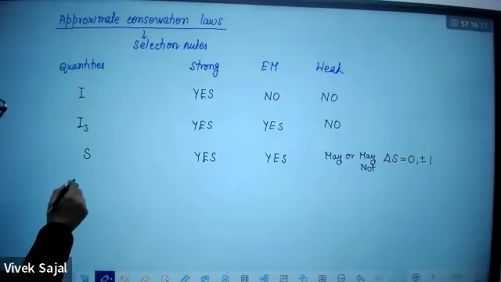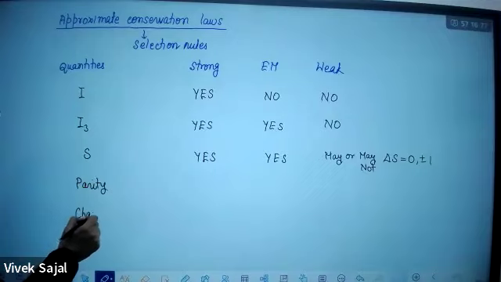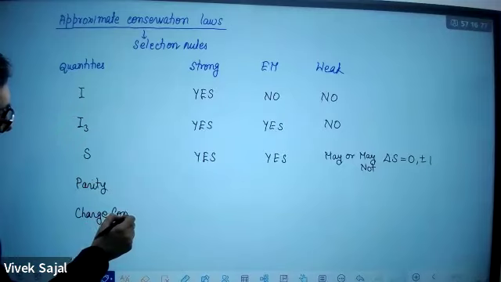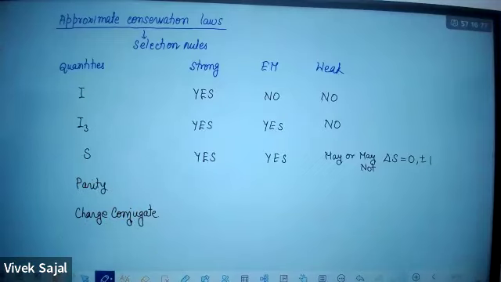Next is parity. Next is charge conjugation. These are three other properties I have not discussed up to this point.